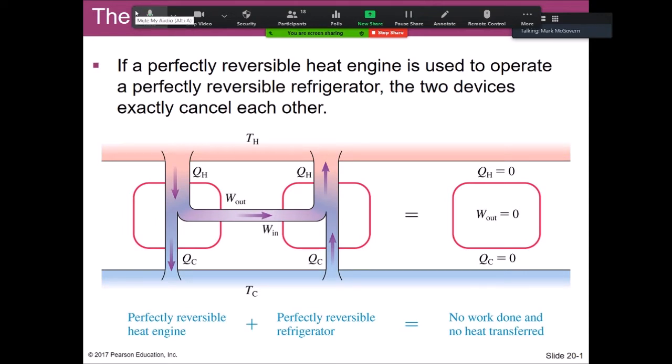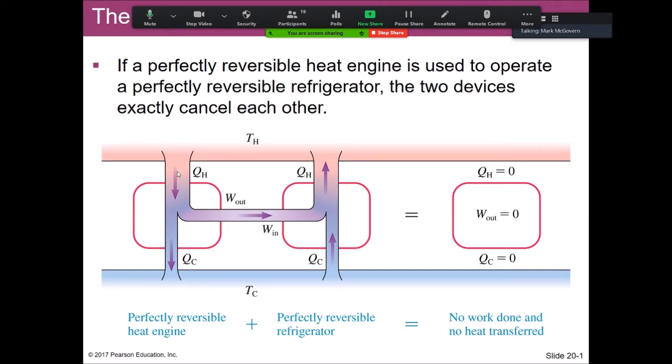If that work is being done to operate a refrigerator, then the devices are going to cancel themselves out, because as much as comes in from the hot reservoir is what's going to come out. Same thing with the cold reservoir. Ultimately, nothing is really going to be done in this process.